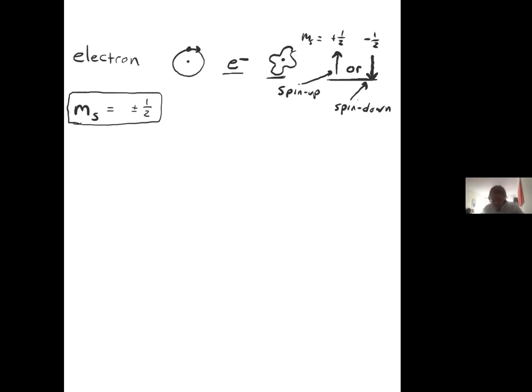That's very useful, and here's why. There's something called the Pauli exclusion principle. I guess you could call it PEP if you want to. I've never seen it done that way, but Pauli exclusion principle. It's a fascinating idea.